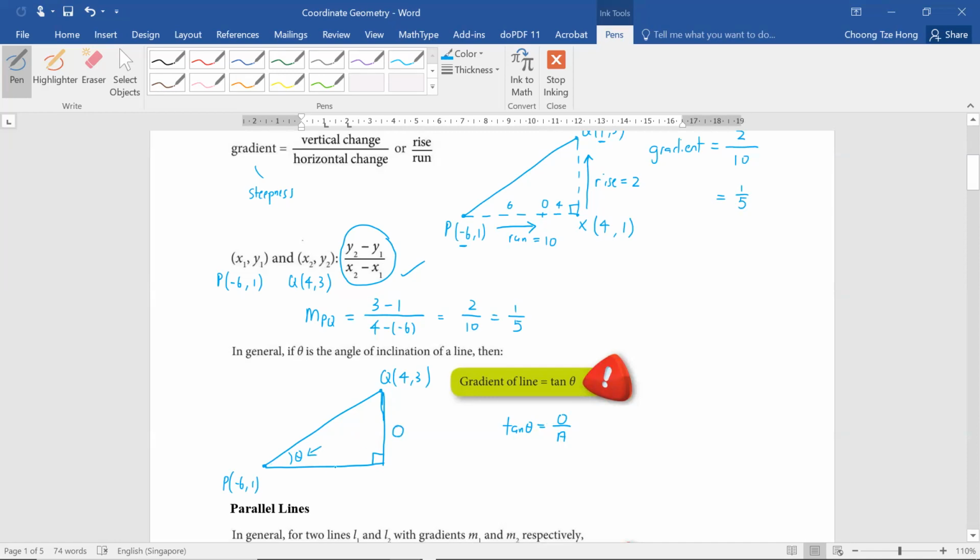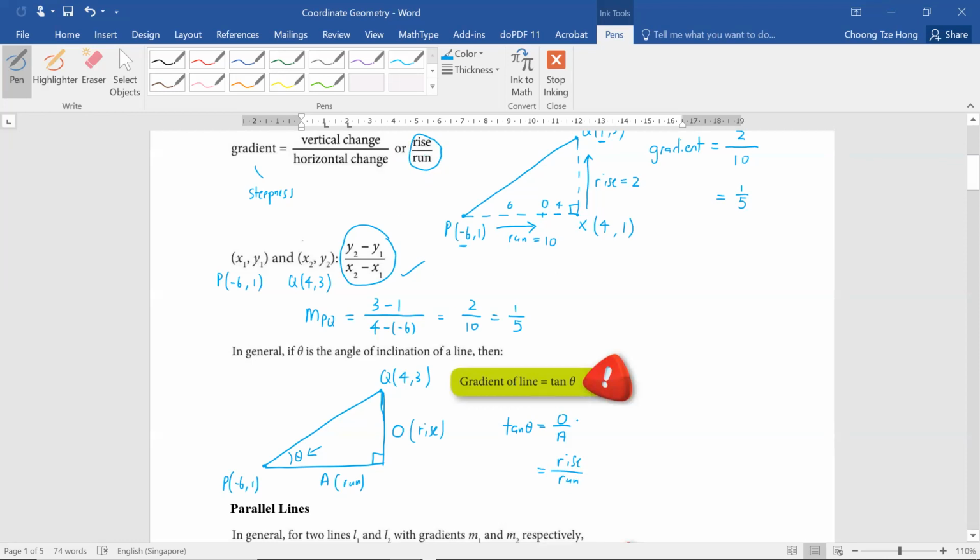Then of course the adjacent side is the side that is not the hypotenuse touching the angle. So this will be A. So as you can see, O now represents the rise, correct? And A represents the run. So in the end, tangent theta will give us rise over run, which is the same as the initial definition for the gradient, right?